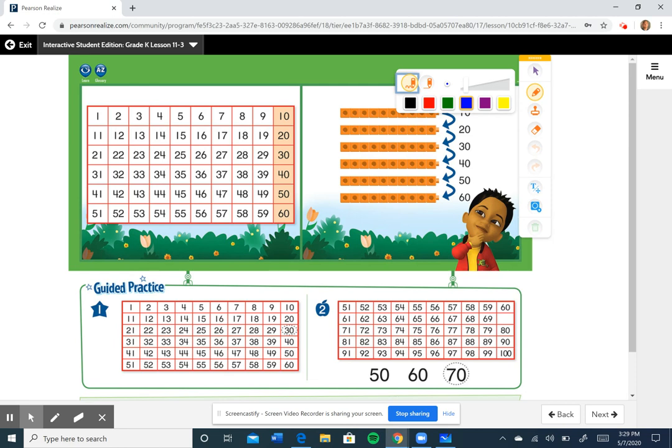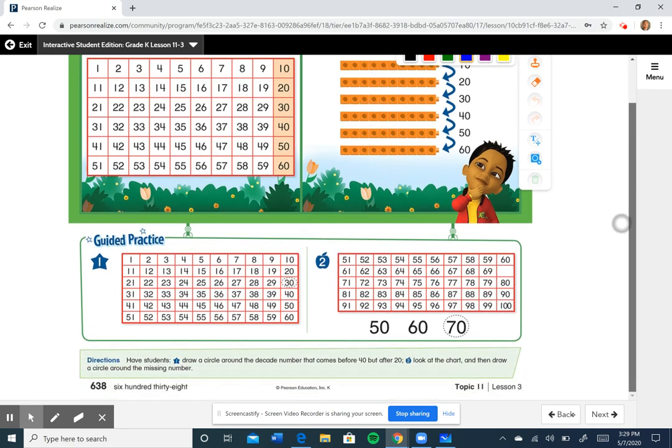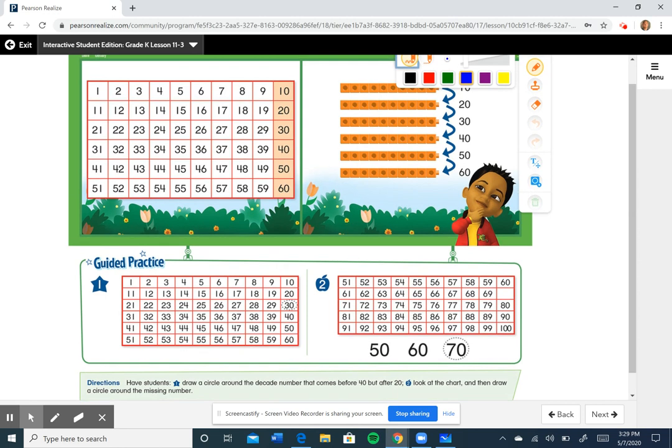So we're looking for the number that is 10 greater than 20, but 10 less than 40. And as you can see, they have it circled. It is 30. So 10 greater than 20 and 10 less than 40.